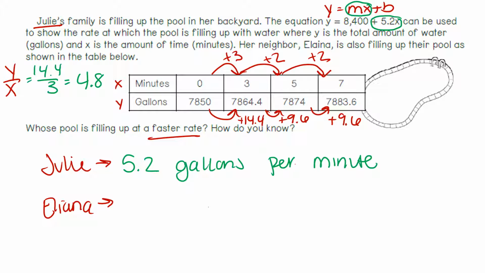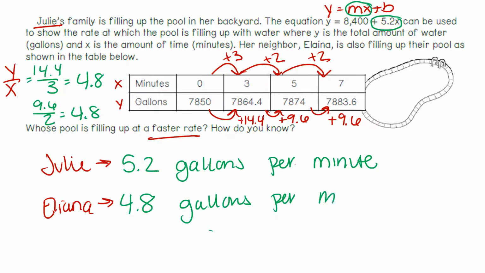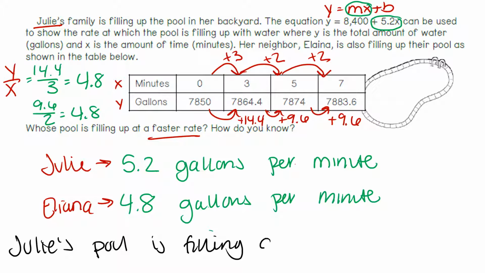Or we can use the other numbers, 9.6 and 2, which if we simplify 9.6 divided by 2 also gives us 4.8. So Elena's is filling up at 4.8 gallons per minute. So whose pool is filling up at a faster rate? Julie's pool is filling up at a faster rate.